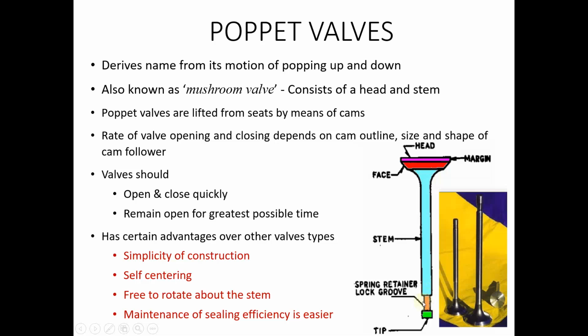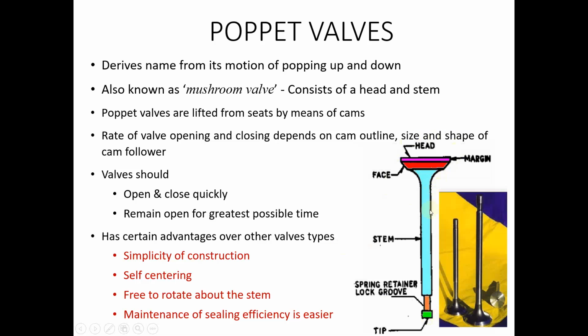There is also a slot that is cut in, you can see here, where we load one end of the spring mechanism. In order to prevent the spring from moving out, this cutout area retains the spring. That is why it is known as the spring retainer lock groove, and then the tip of the valve.